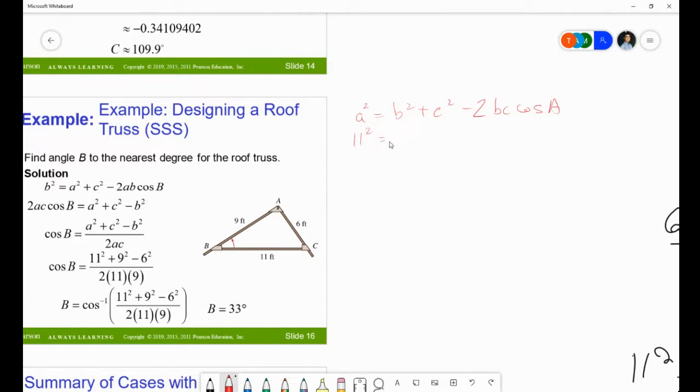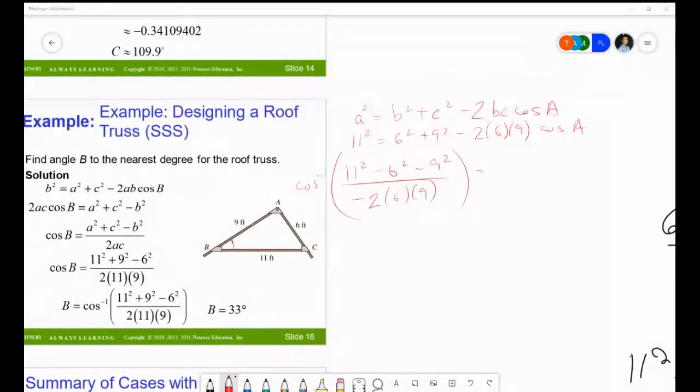So 11 squared equals 6 squared plus 9 squared minus 2 times 6 times 9 cosine of A. So I'm going to subtract 6 squared and 9 squared and divide by negative 2 times 6 times 9, and then take cosine inverse of all of that.